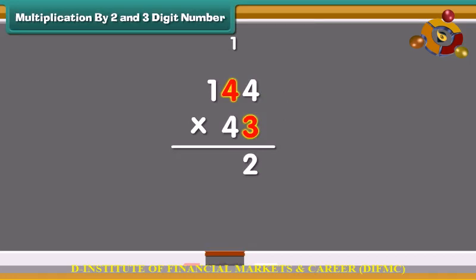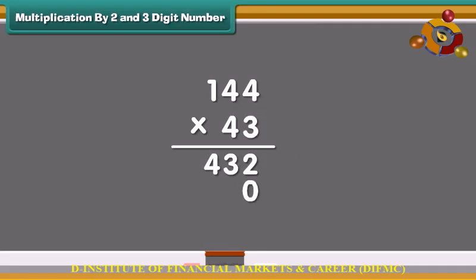Multiply 3 by the number on tens place, that is, 4, which equals 12, and add 1 which was carried forward, that is, 13. Write 3 in the tens place and carry the 1 forward to the hundreds place. Multiply 3 with the number on the hundreds place and add 1 which was carried forward. We write 4 in the hundreds place.